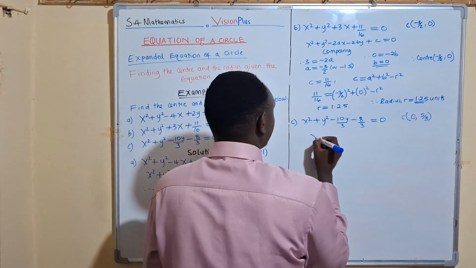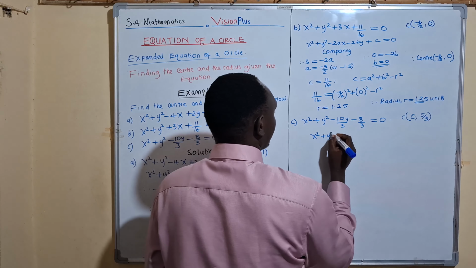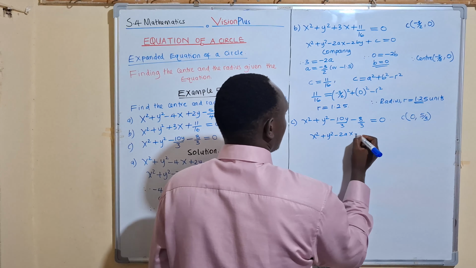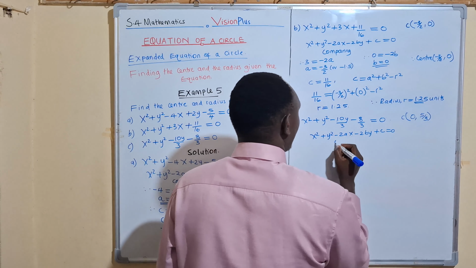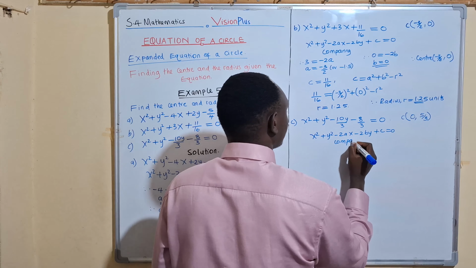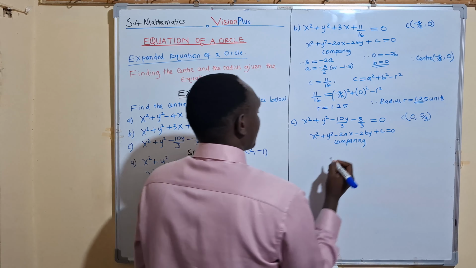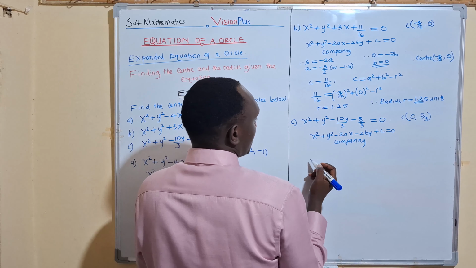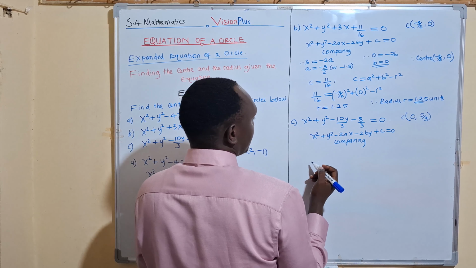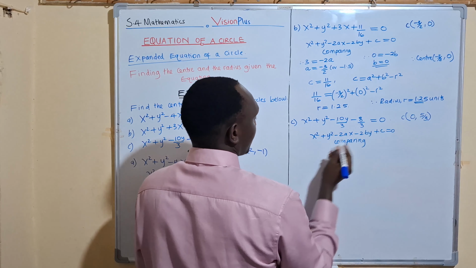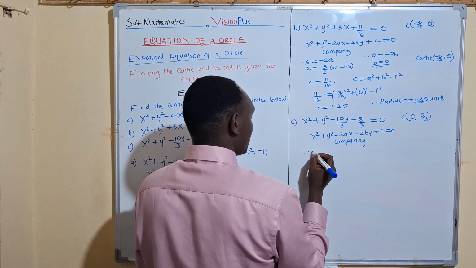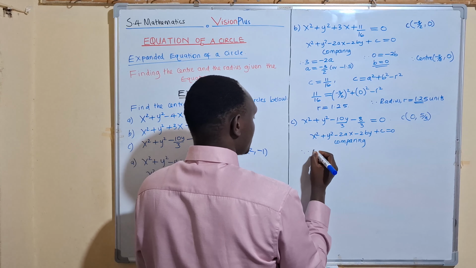So we're going to compare to x squared plus y squared, which is the equation of a circle, minus 2ax minus 2by plus c equals to 0. On comparing here, if we start with the term in x, this equation does not have any term in x. That means the coefficient of x in that case was 0.